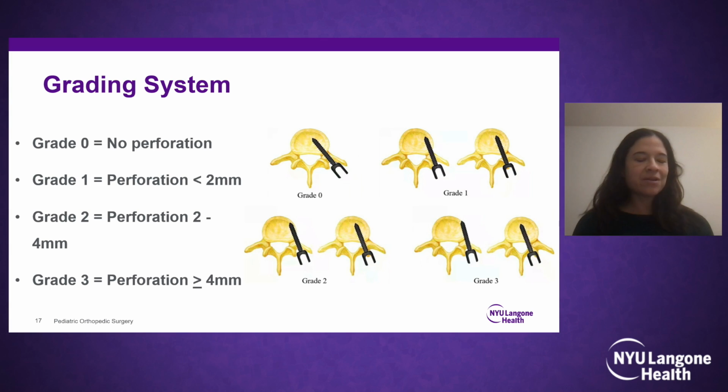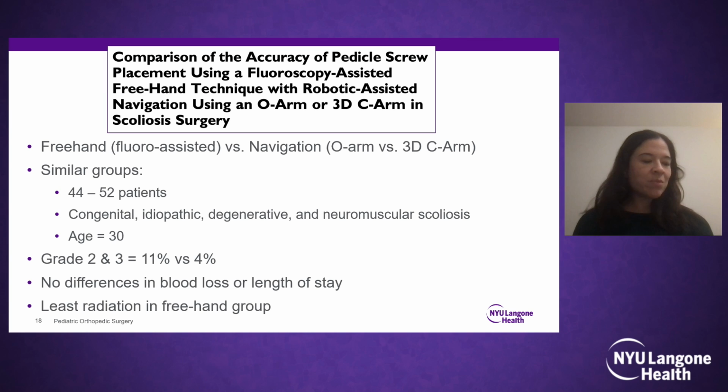A common criteria that we use for the good placement of pedicle screws is to either say there's no cortical perforation, or there's a perforation within 2 millimeters, whether that be medial or lateral. And when we compare navigated to non-navigated techniques, this study is looking at fluoro assisted freehand technique versus using a O-arm or 3D C-arm.